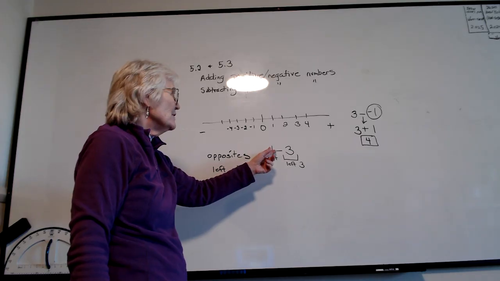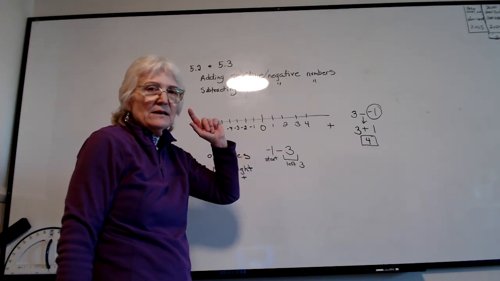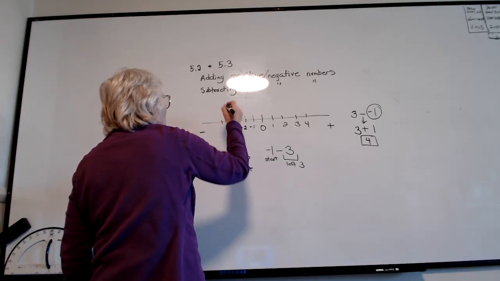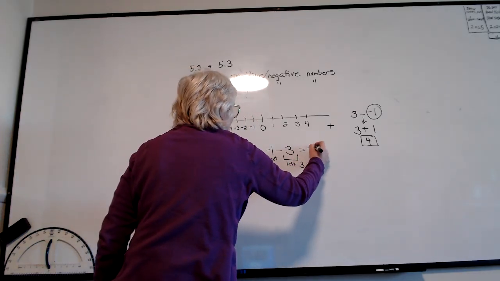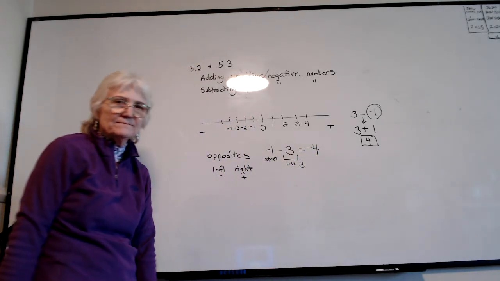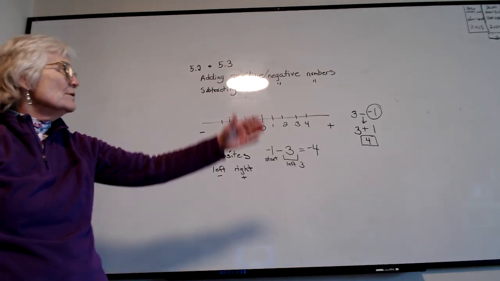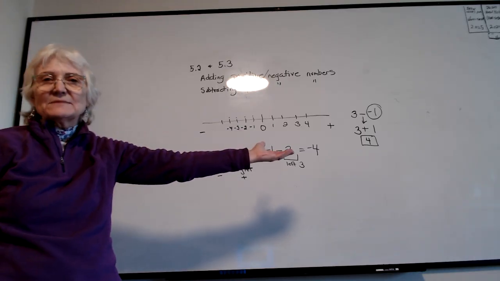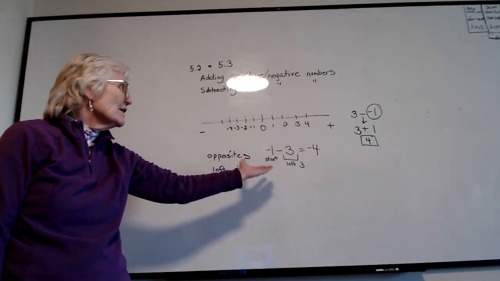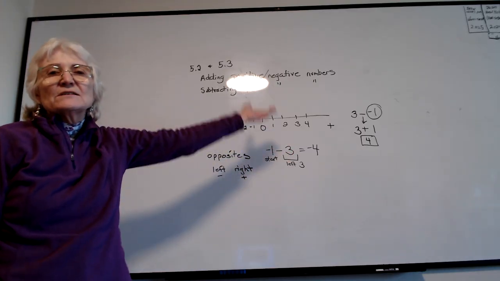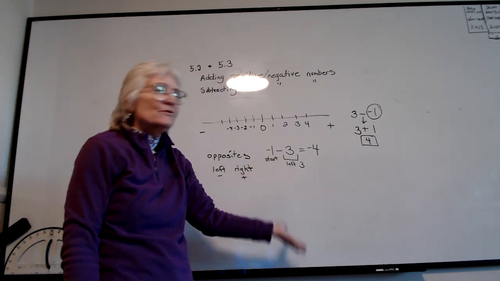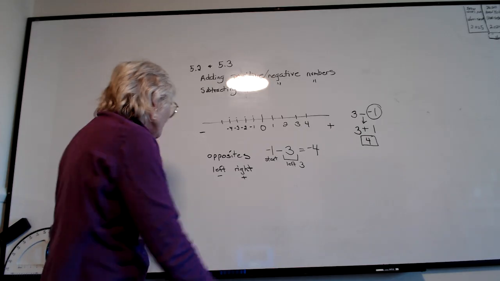So it's negative 1 and a negative 3. And so negative 1 starts here, go 3 more, and we are at negative 4. Okay, so if we subtract a negative number, it just becomes adding. If we are subtracting a positive number, it's really the same as adding a negative number, but just take it as we're going to the left 3.